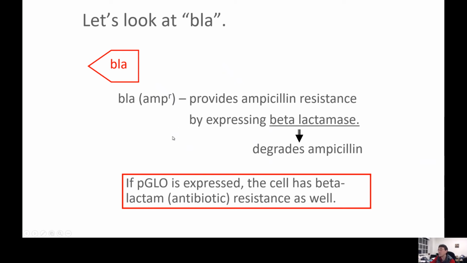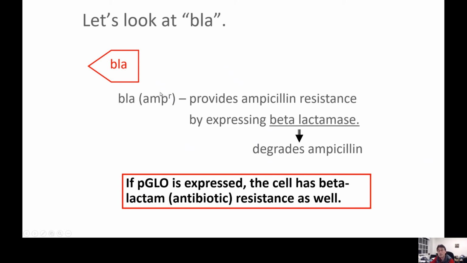So we can tell if the transformation took place or not not by looking at the expression of GFP, but by looking at the antibiotic resistance. And you can also selectively keep the antibiotic resistance because of the transformation and inclusion of the BLA gene. So keep that in mind.